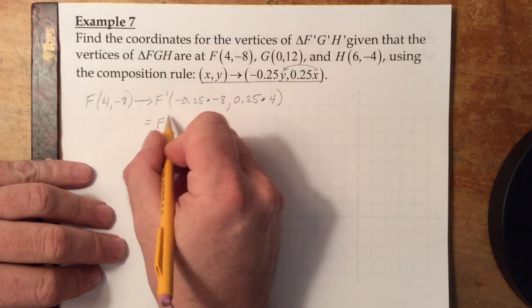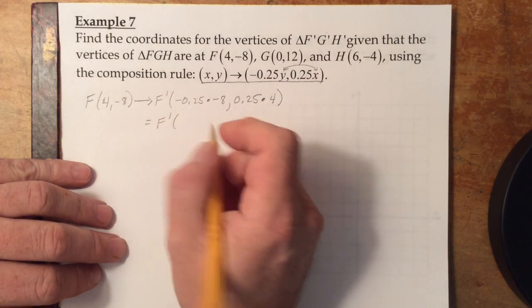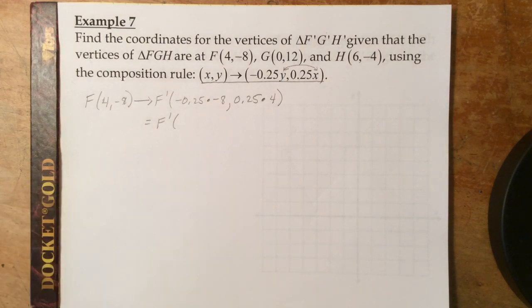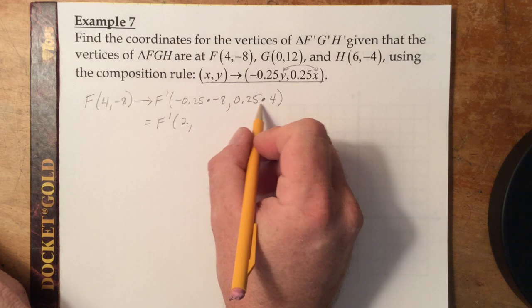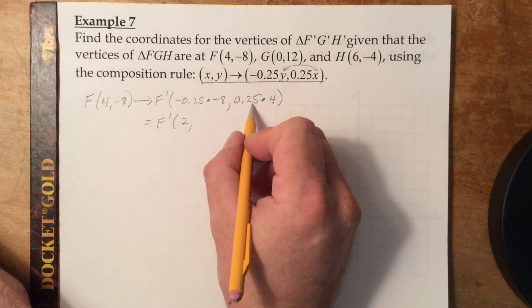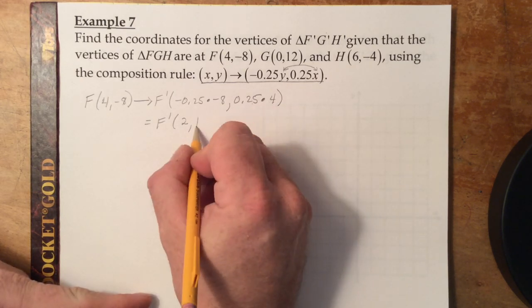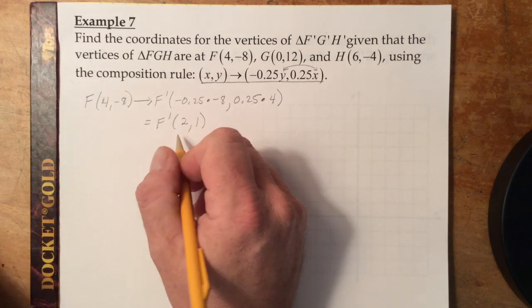So we get F prime: -0.25 times -8, of course that's going to be a positive, and we get +2. 0.25 times 4 is like saying 1/4 of 4, which is 1. So we get F prime at (2, 1).